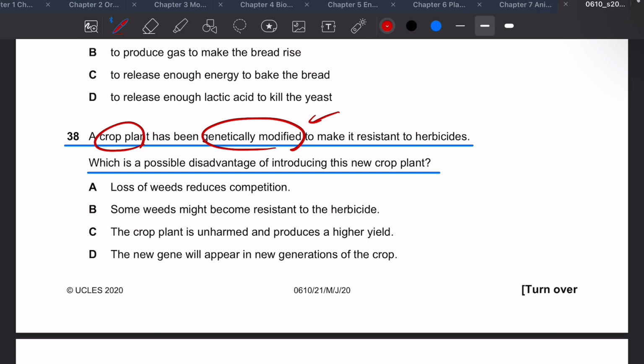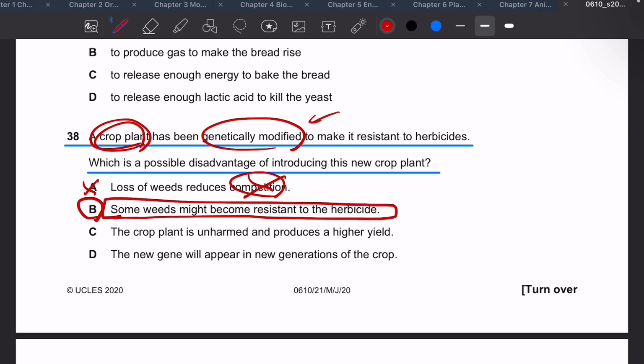A is not yet the right answer because loss of weeds, reducing competition, is not a downside. It's not a disadvantage. If there's less competition, then the crop plants can absorb more nutrients. So it's a good thing, right? So A is not the right answer, but B, some weeds might become resistant to the herbicides.